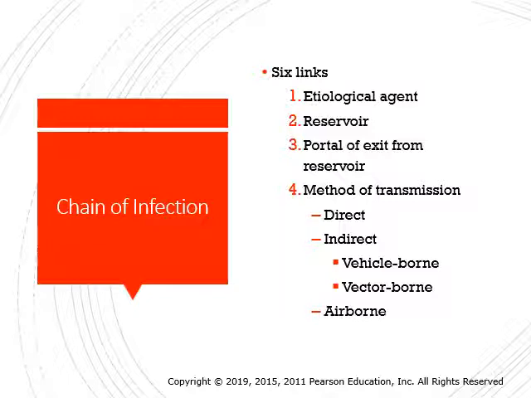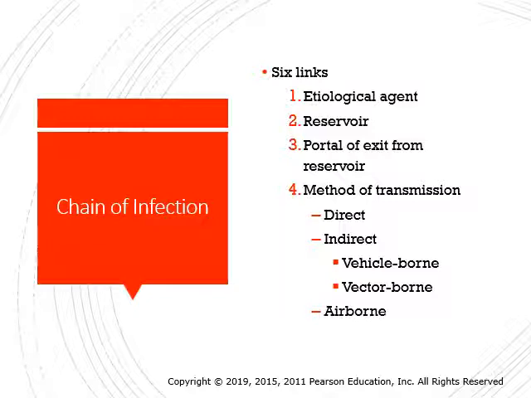The fourth link is the method of transmission. So there's direct, which is if we touch another individual. So I have an infection on a wound in my hand, and then I touch an individual. That would be direct transmission. We also have indirect transmission, which includes vehicle-borne and vector-borne.